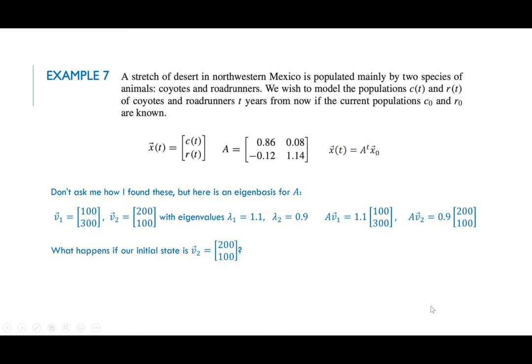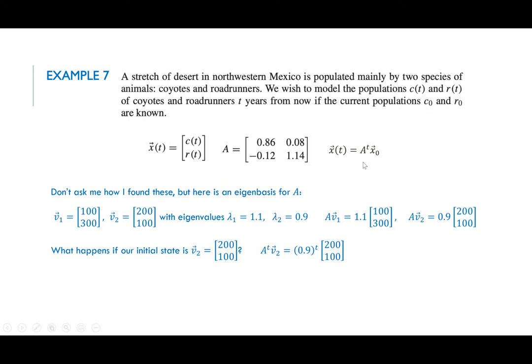So what if we started with the other eigenvector as our initial vector? Well, A to the t times our second eigenvector: every time we apply A, it multiplies our vector by 0.9. So A to the t times our eigenvector is 0.9 to the t times our eigenvector.